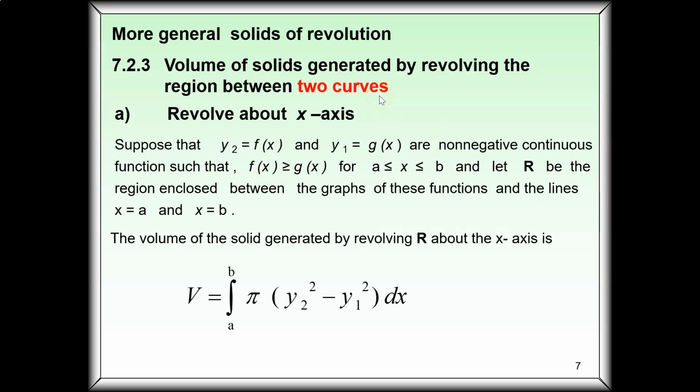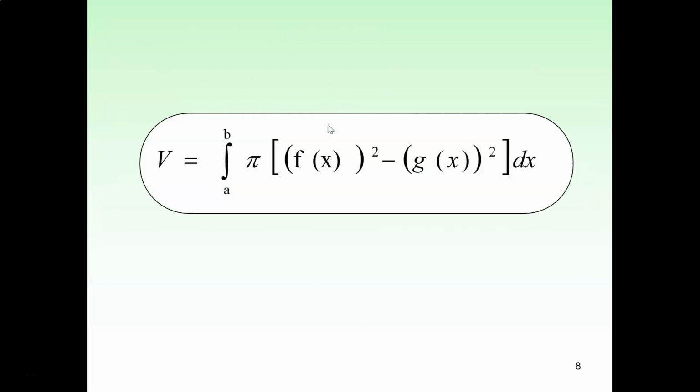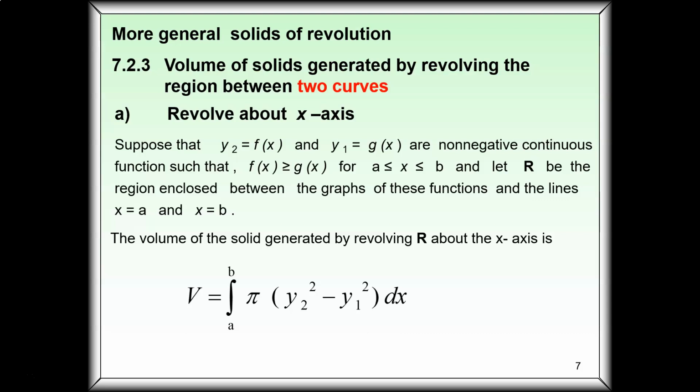Previously we only had a curve or a straight line and then the x-axis or y-axis. Now you have two curves. Of course, they will be revolved about the x-axis, and also around the y-axis.